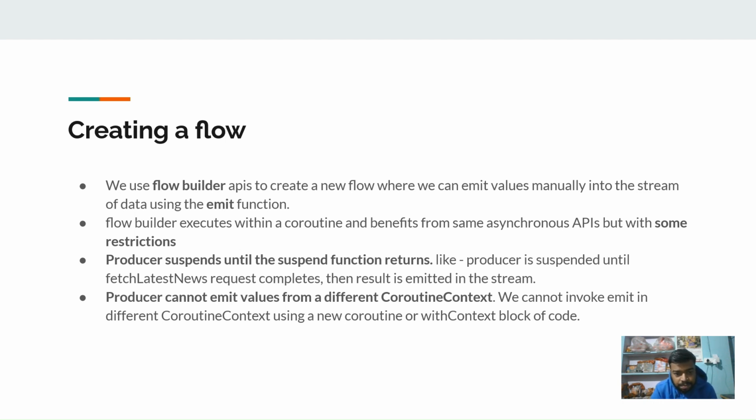Like when a network request completes, then the result is emitted in the stream. A second restriction is that the producer cannot emit values from different coroutine contexts. Like if a producer is executing on the UI main thread, then emit will also execute on the UI main thread.